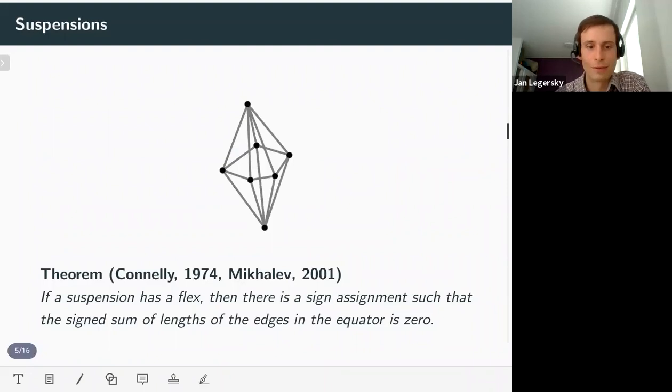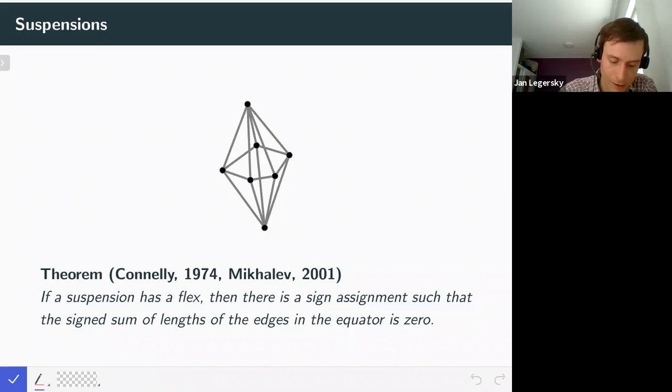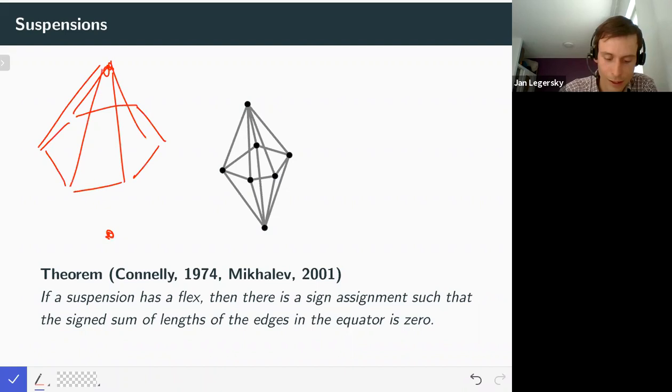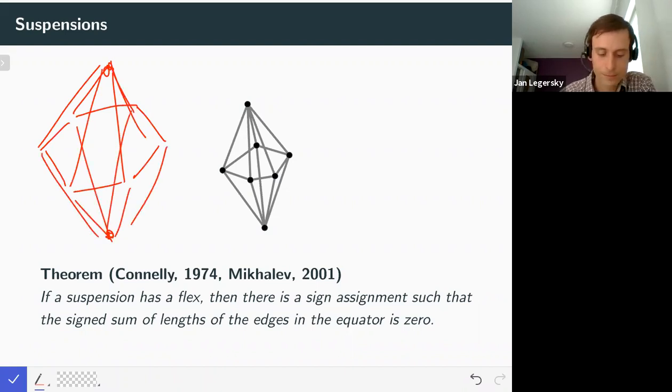If we study some other examples of zero cycles, there is the case of suspensions. A suspension is a cycle together with a top vertex and a bottom vertex, or north and south, which are linked to every other vertex on the cycle.